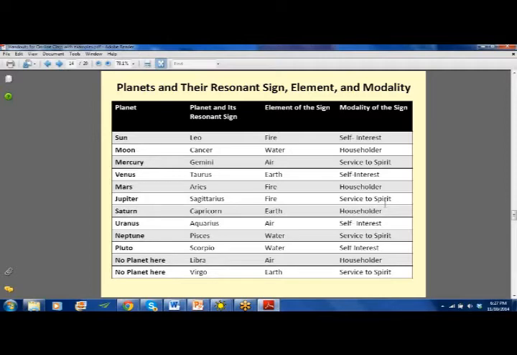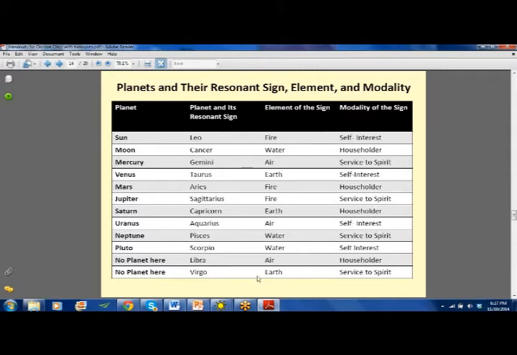And also initiation cycles. Yes, especially those. And that's something we will be covering in the timeline class. But for now, as we're just getting started, we need to keep it simple, so we just won't energize Vesta or Juno at this point, and especially not in figuring out the elements and the modalities.